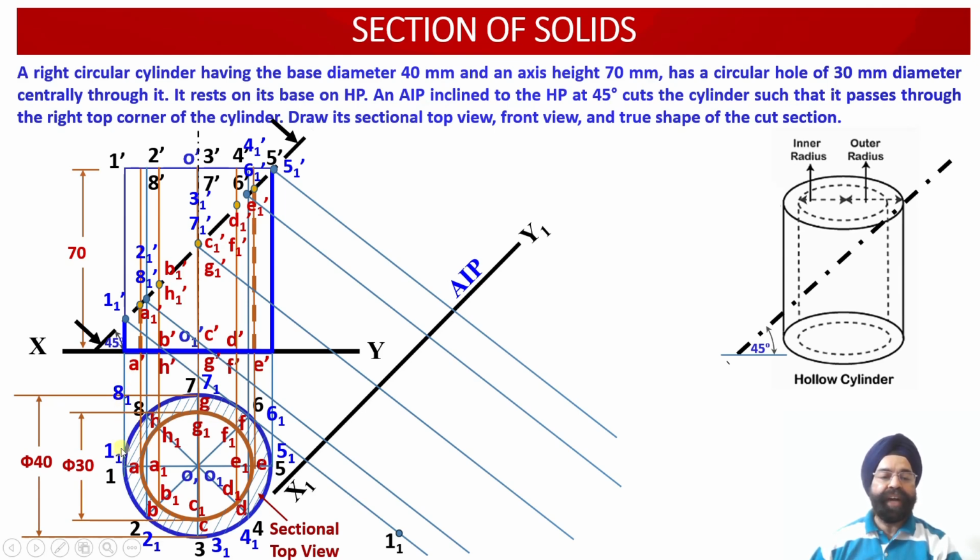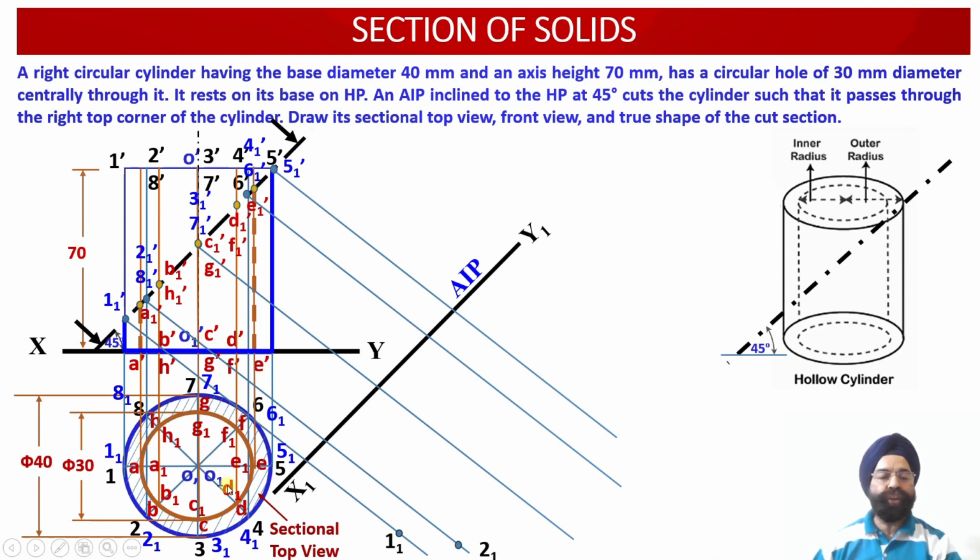Once we mark this distance of point 11 from the xy reference line, now onto the projector line emerging from point 11 dash, we are going to mark this distance ahead of the plane x1 y1, the AIP. So in front of the x1 y1 auxiliary inclined plane, we are going to mark the distance of point 11, which will be equal to the distance between the xy reference line and point 11.